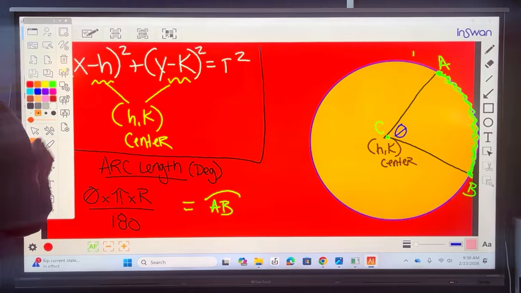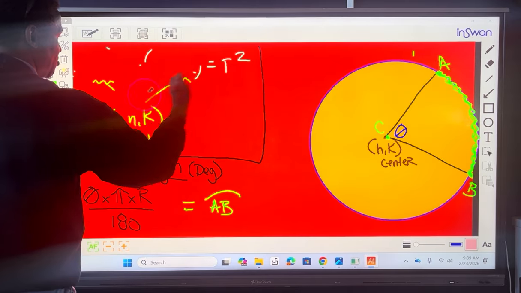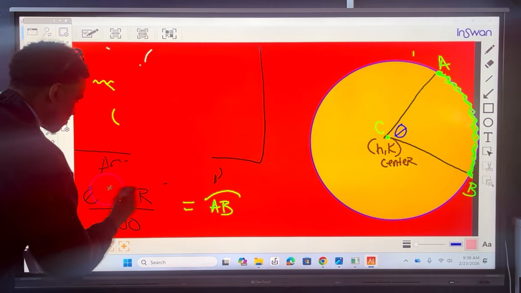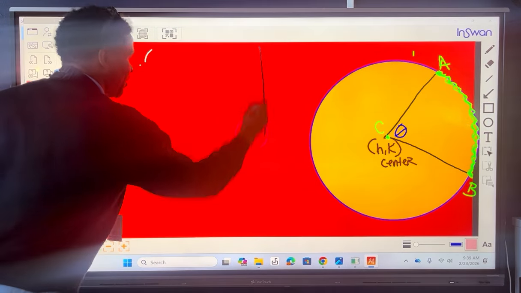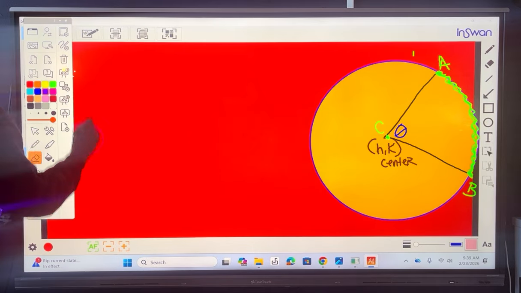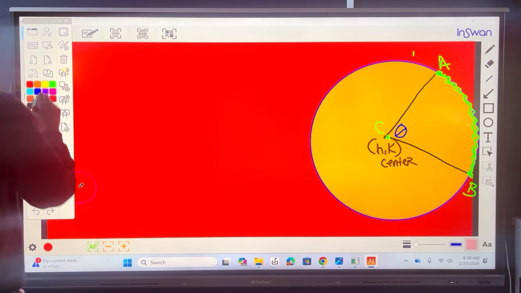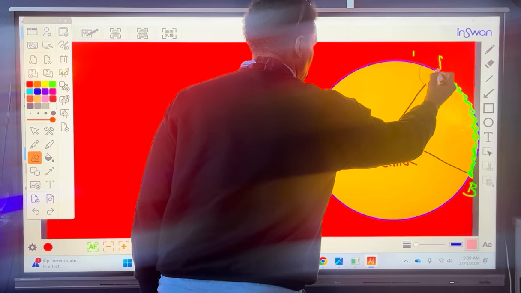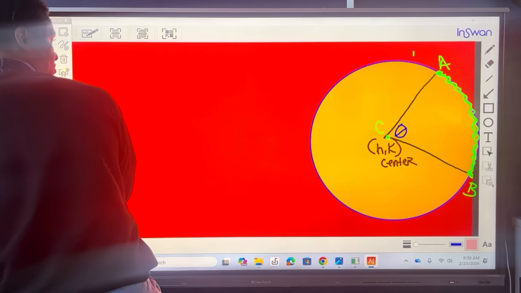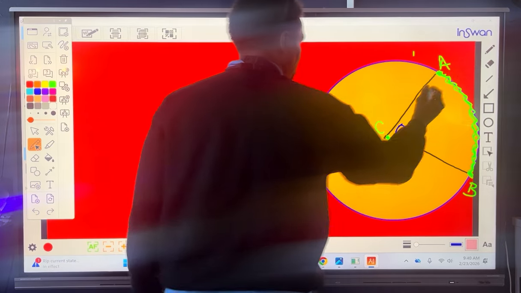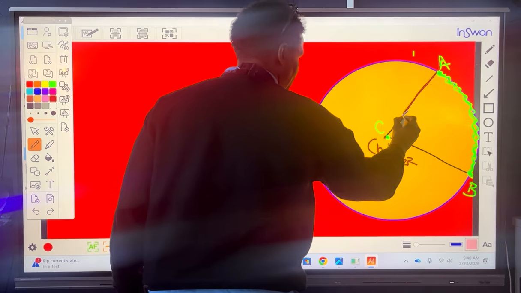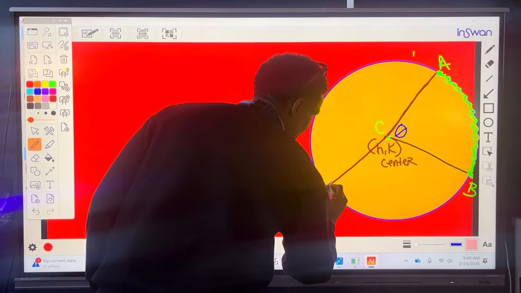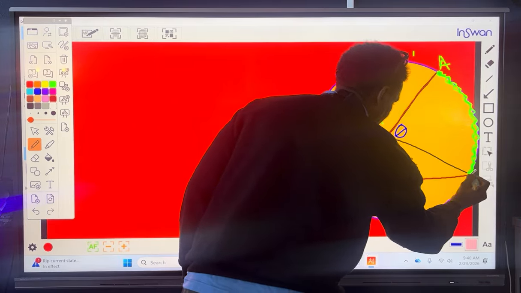Can I erase this, because y'all got this, correct? Yeah. So because of that, we're now going to really look inside this circle. Let's say I had another angle in here that went from here, and the vertex was here, and then the other side of it went here.